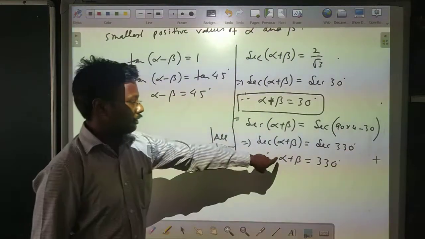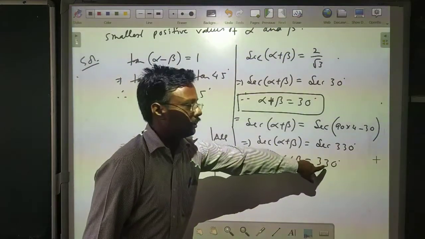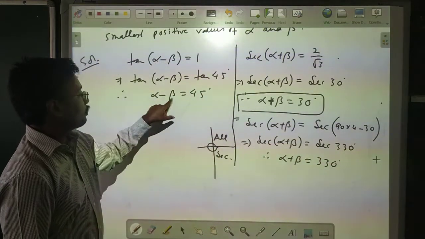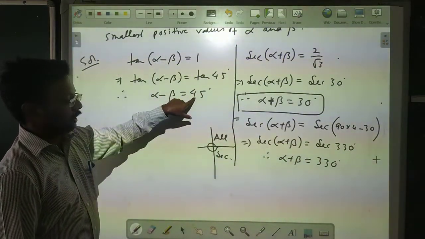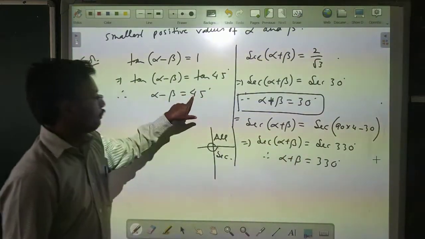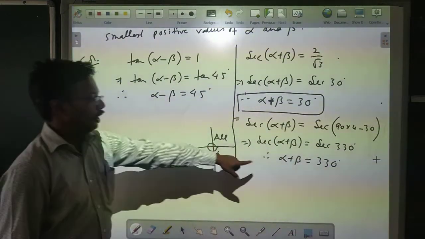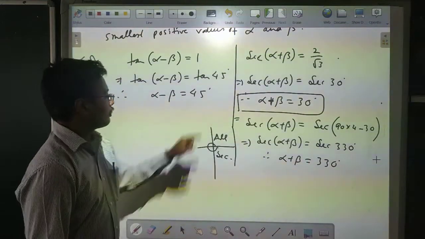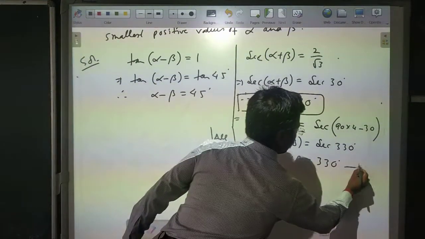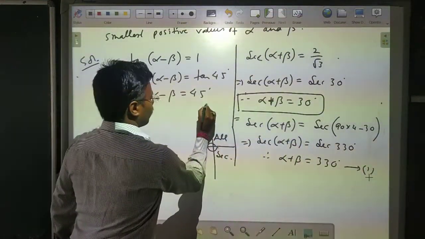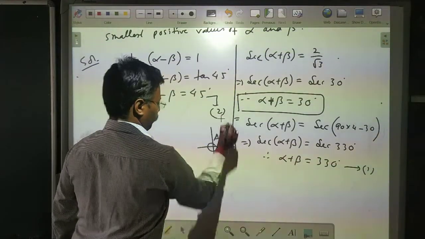So if you look at this, the sum of two angles is this 330 degree and the difference of two angles is 45 degree. So this angle is greater than 45 degree. So now easily we can solve these two equations. This can be taken as equation number 1 and this as equation number 2.